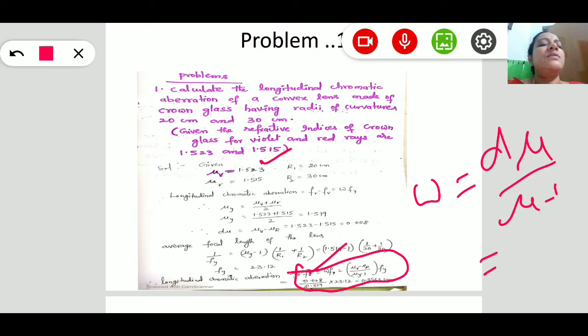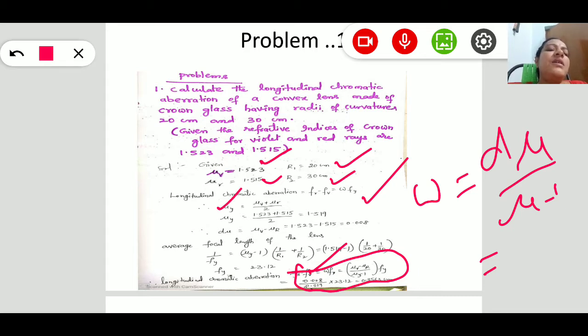Mu v is given as 1.523. The radius of curvature of the first surface of the lens is given as 20 centimeters, and for red color the refractive index is 1.515, and the radius of curvature R2 is 30 centimeters. Longitudinal chromatic aberration is the product of omega and Fy. Let us calculate the mean refractive index of violet and red, mu v plus mu r by 2.